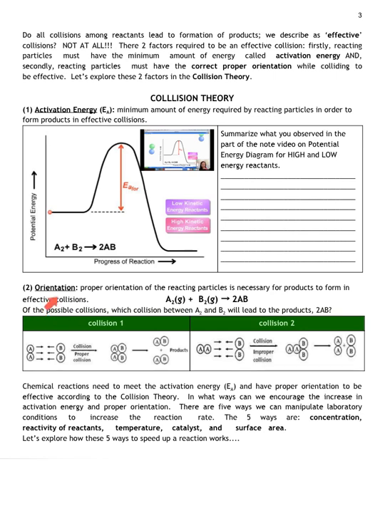So let's talk about proper orientation. Here you have a reaction, and there are 2 possible collisions. One collision is effective and the other one's ineffective, and we'll talk about why. If you have A2 lined up parallel to B2, when they collide together, notice how you can make 2 ABs pretty nicely and easily from that.